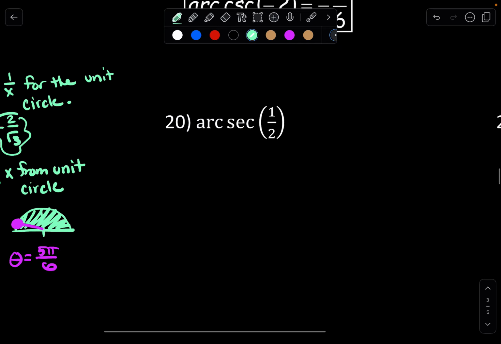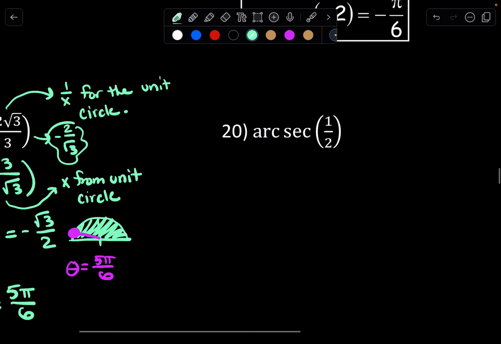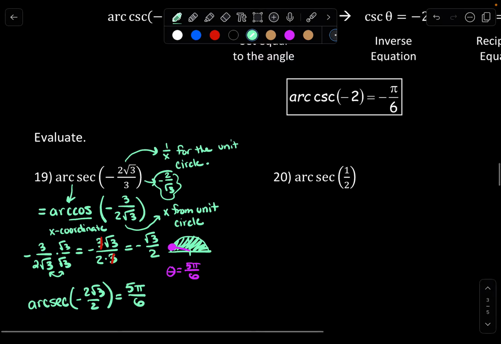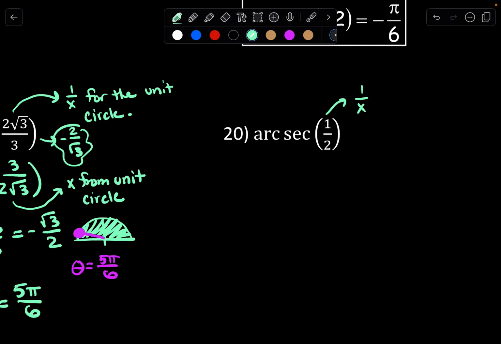All right, arc secant of 1/2. So going back to what this problem was, with arc secant, this is going to be 1 over x on the unit circle, okay? So there's a couple ways to approach this. If we switch it, we can do arc cosine of 2 over 1, or it's just 2, okay?